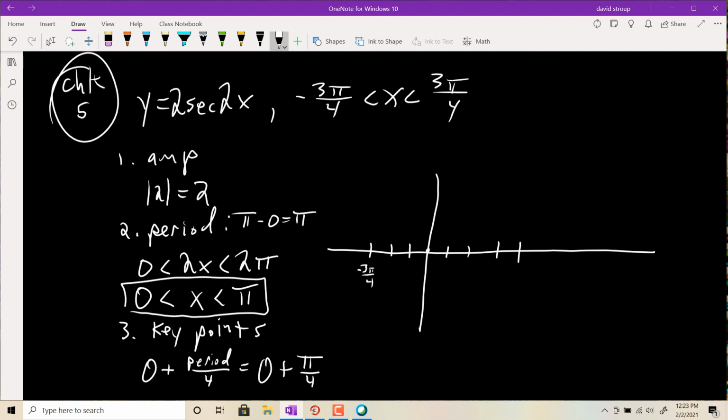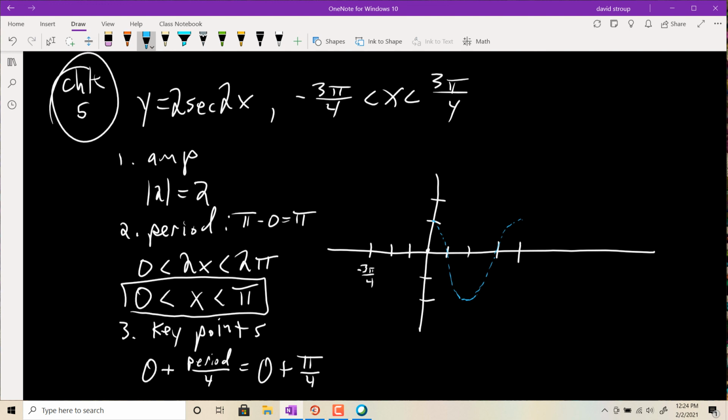So graphing then, and we need an amplitude of 2, graphing the sine function, let's just dash that in blue. Sorry, we're working with cosine because it's a secant. It should look like this.